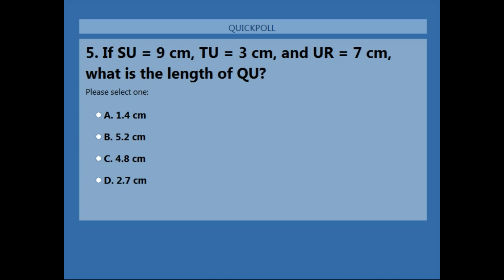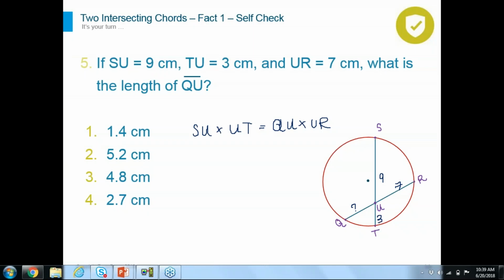Okay, let's do the question together. Again, we have the proportions set up. A proportion can be 2 equal fractions or 2 equal products. So SU times UT is a product and equals another product, QU times UR.